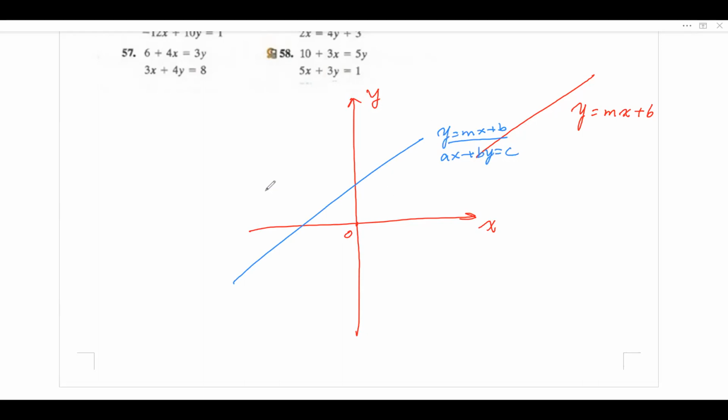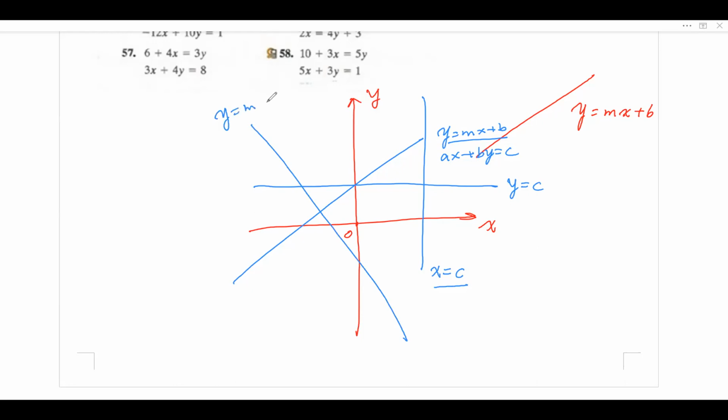Any line. You can say horizontal line y equals c, vertical line x equals a constant number, right? If a line is like this, you can also say mx plus b.